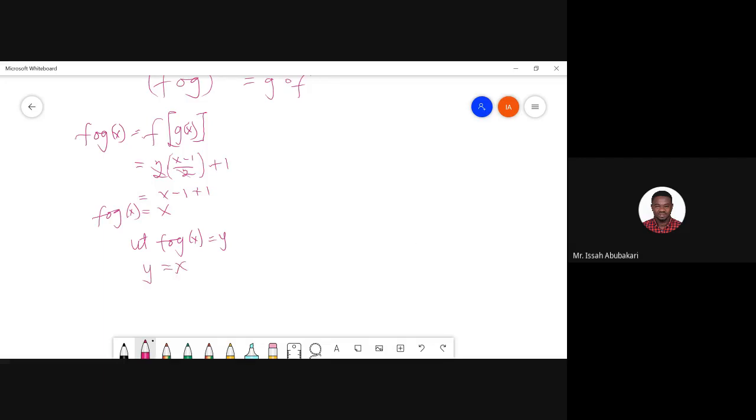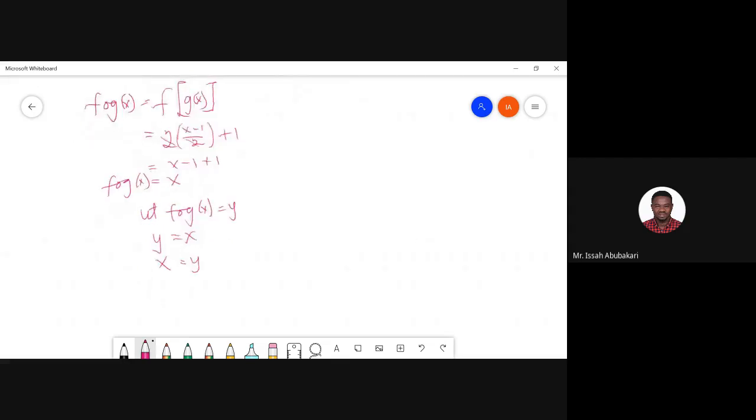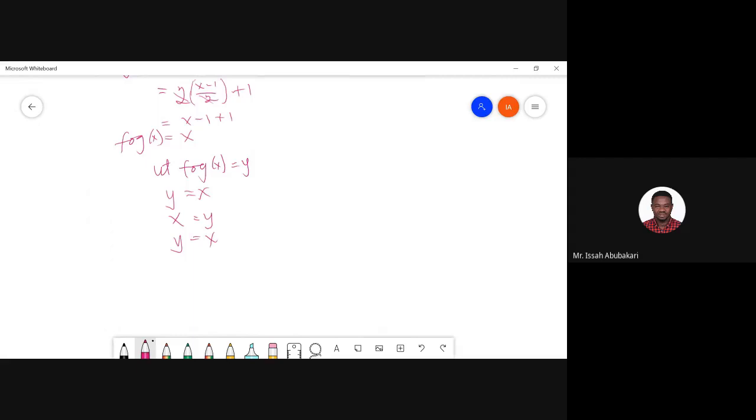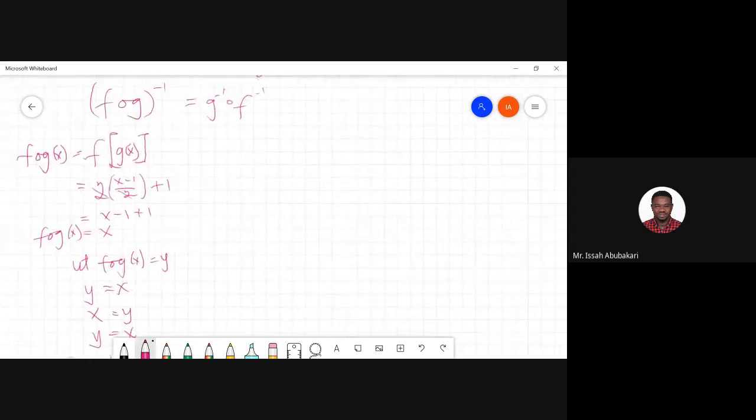So we are going to have x is equal to y, and then make y the subject. So we are going to have y is equal to x, and the inverse of this is going to be f of g of x inverse is equal to what? X. Right.